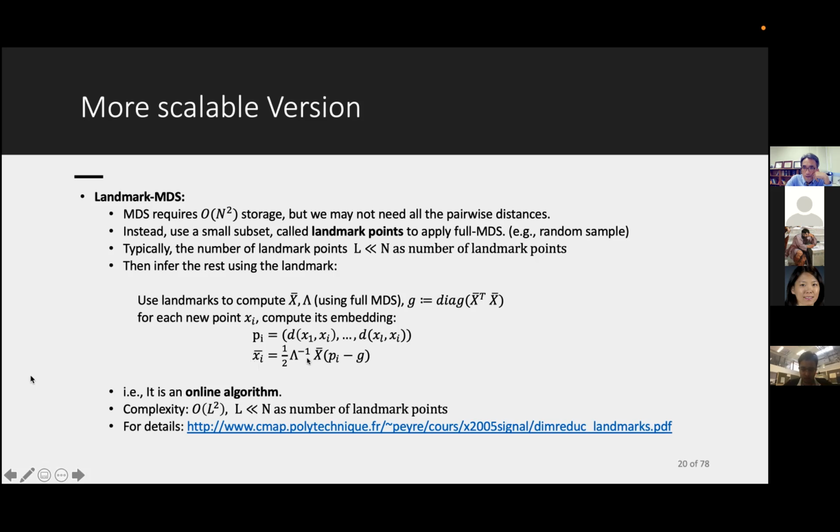I have a question. Seems to me the landmark points should be very well selected, otherwise it's not that representative. That seems to be my intuition too. But I think in the notes it's actually saying you can use a random sample. If you pick many random samples, maybe it'll be fine.